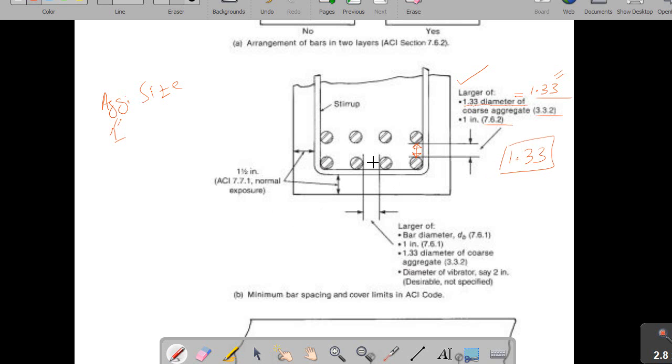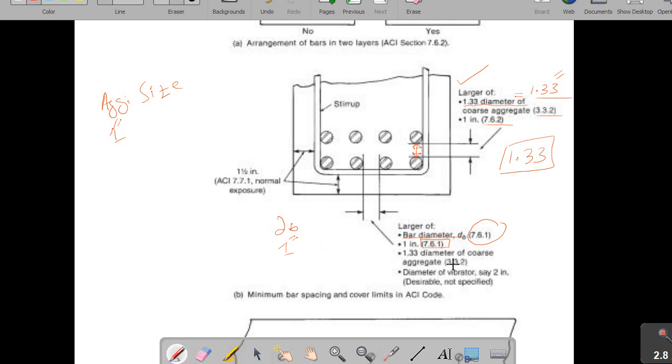Similarly, here you can see the clear spacing must satisfy the following criteria. Section 7.6.1 says it must be at least the diameter of the bar, and it must be at least 1 inch.